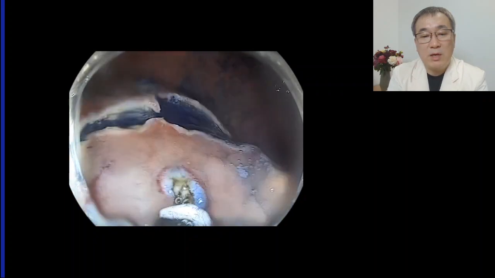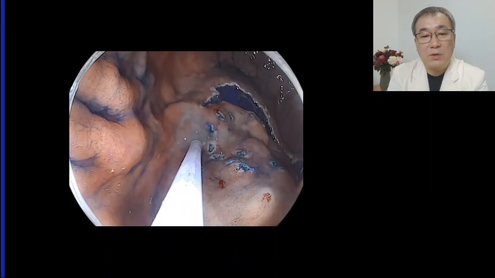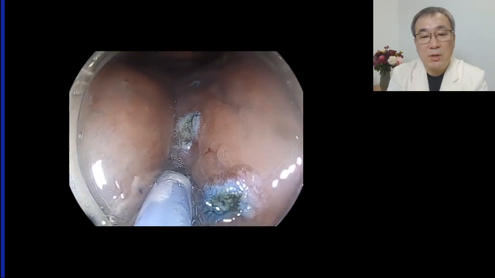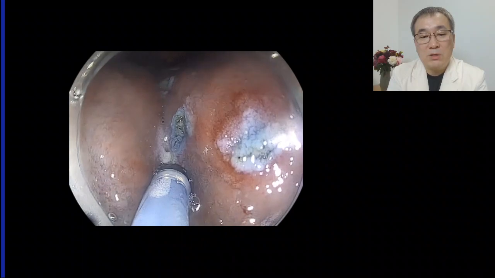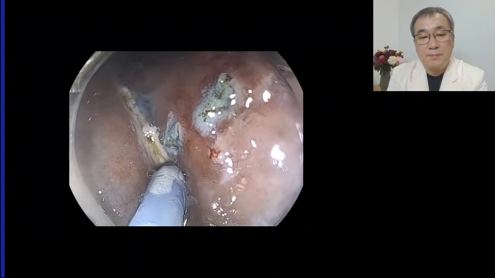This is push technique. Okay, distal half circumferential cutting is done. Additional submucosal injection. Proximal part is cut like this.